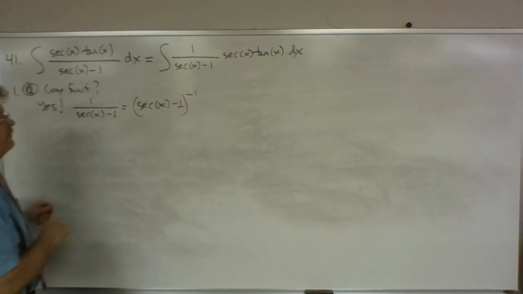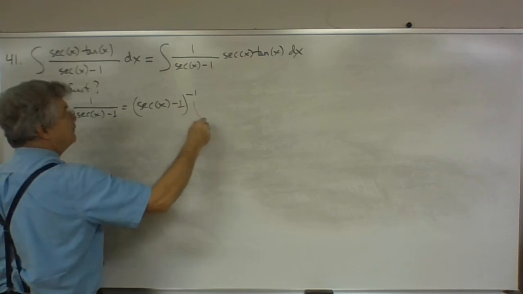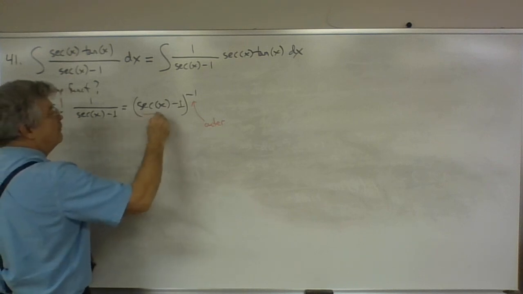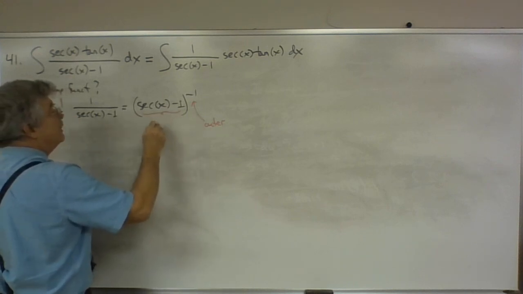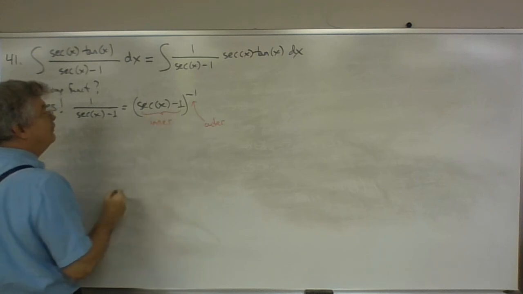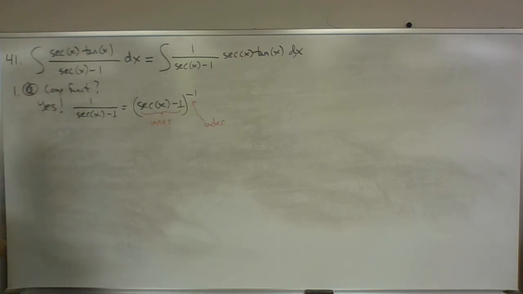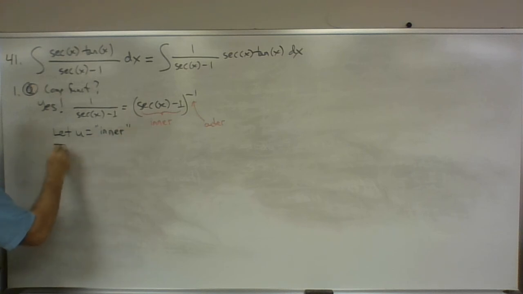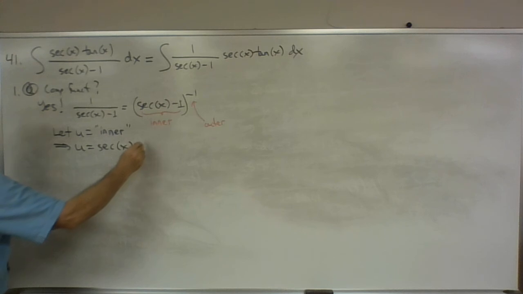And anytime we have a function raised to a power, that's a composite function. So the raising of something to the minus 1 power is the outer function, and secant x minus 1 is the inner function. Our rule of thumb says let u equal the inner function. So u is secant x minus 1.